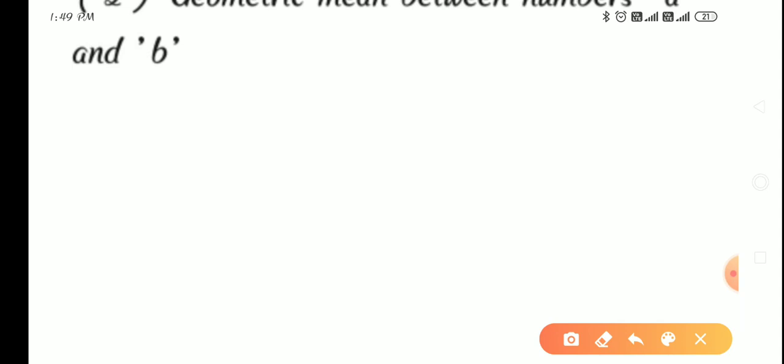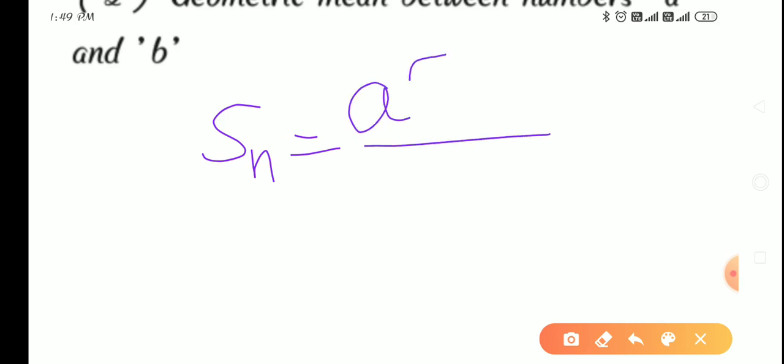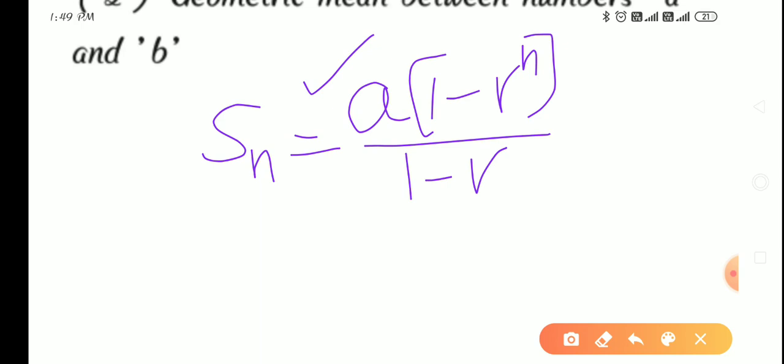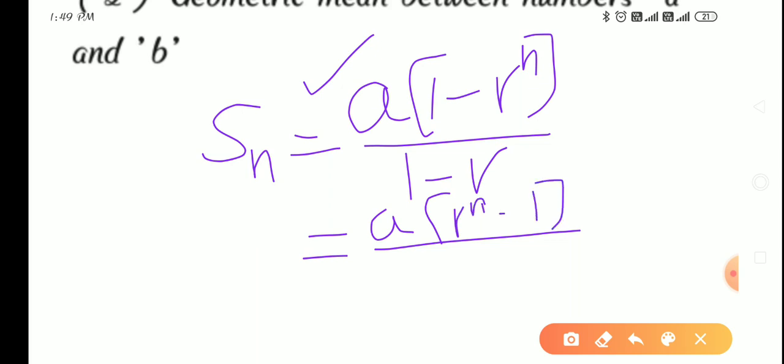For this, one formula you will apply is Sn equals A into 1 minus r to the power n upon 1 minus r. This formula can be applied. One more formula is there, A into r to the power n minus 1 upon r minus 1. This formula can be applied. One more formula, Na. Three formulae are there.